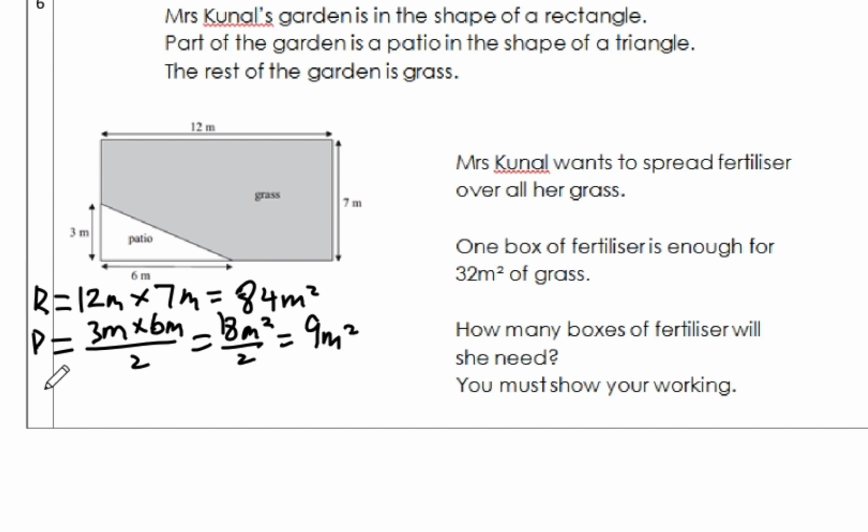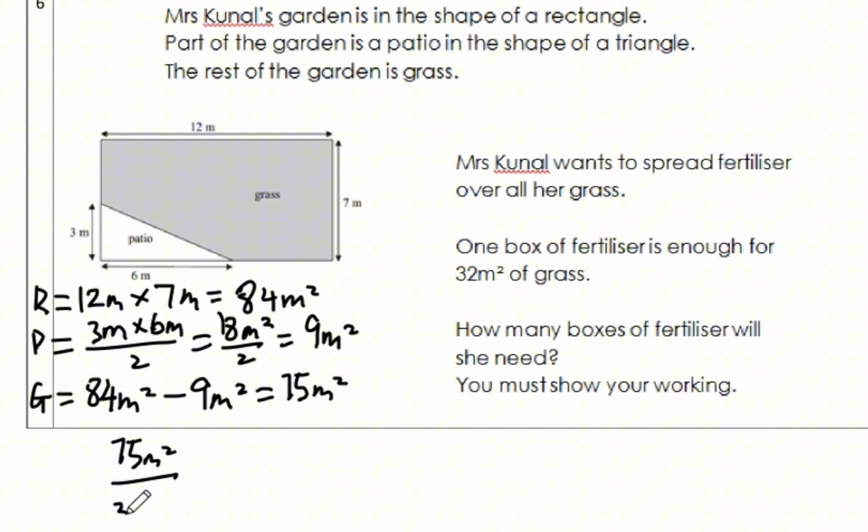And the area of the grass would be 84m squared minus 9m squared, which is 75m squared.